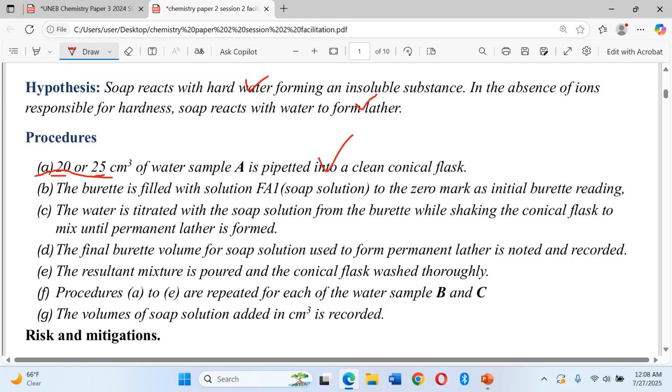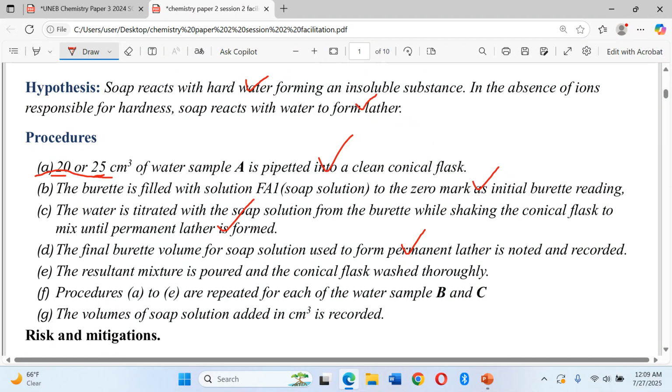Then the burette is filled with solution FA1 to 0 mark as initial burette reading. The water is titrated with a soap solution from the burette while shaking the conical flask to mix until permanent lather is formed. The final burette volume for soap solution used to form permanent lather is noted and recorded.